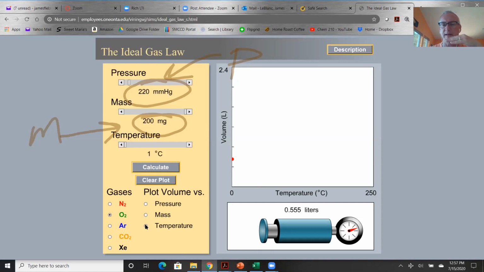So if I'm looking at temperature versus volume, why do pressure and mass have to be the same?